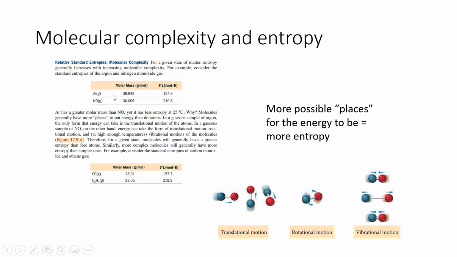The larger, more complex molecules tend to have more possible places for the energy to be, so there's more entropy there. That's an FYI. You're not going to have to predict the entropy of a particular molecule, so don't worry as much about what's happening on this page, but I did want to let you know that there are reasons why different molecules have different entropies. It has to do with the complexity of the molecule.